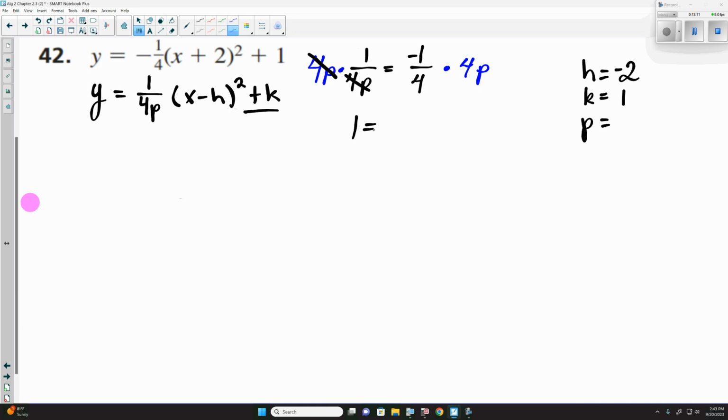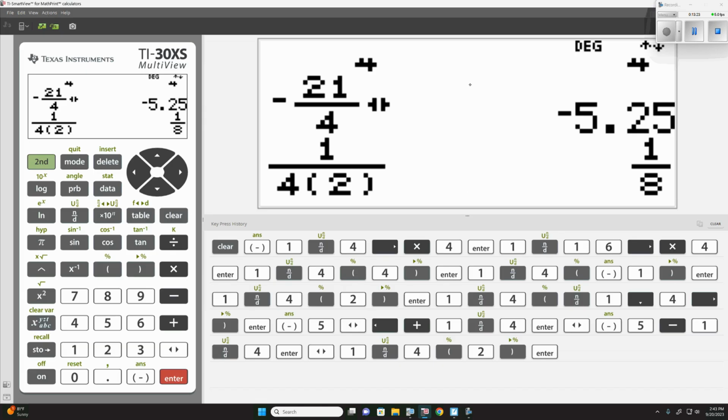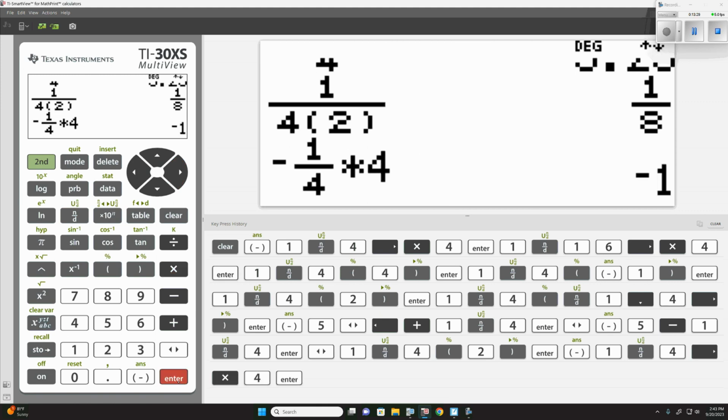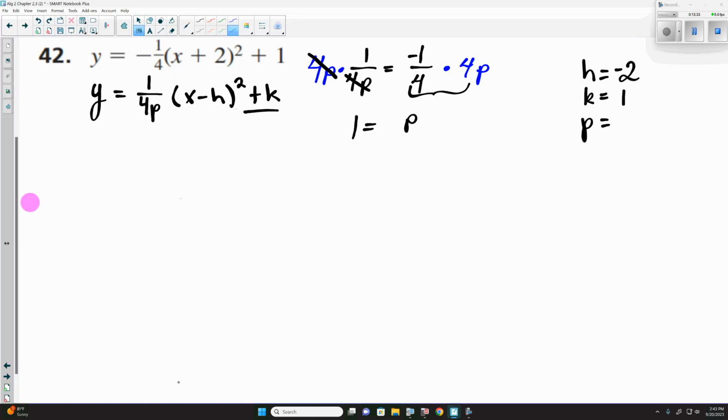Now, on the other side, our negative 1/4 times 4p, well, we'll still have the p value, but we're going to multiply negative 1/4 times 4. We're going to multiply those two numbers together. So negative 1/4 times 4 is negative 1. So it's negative 1 times p.